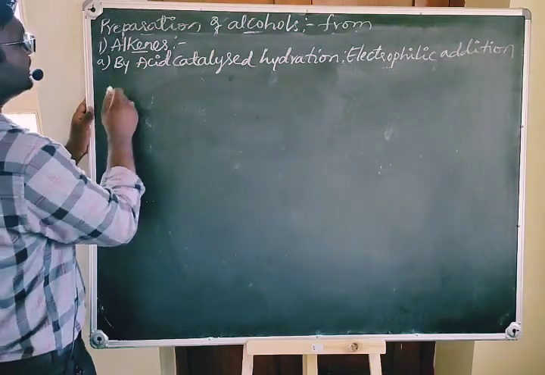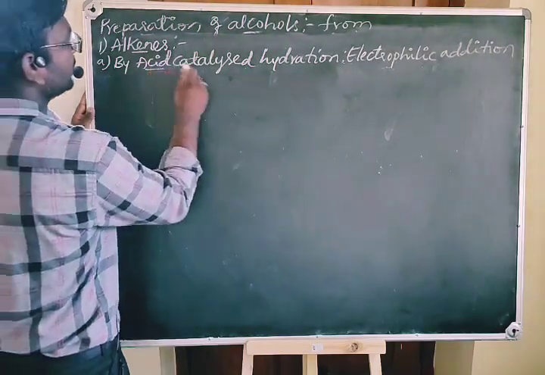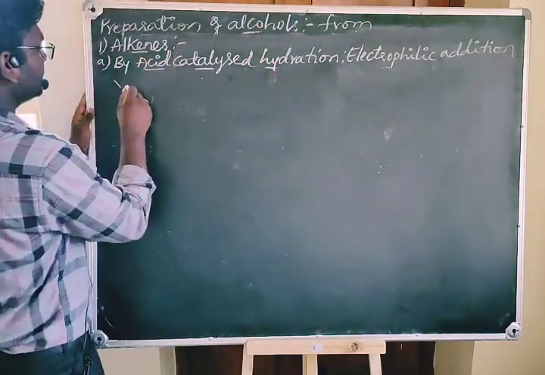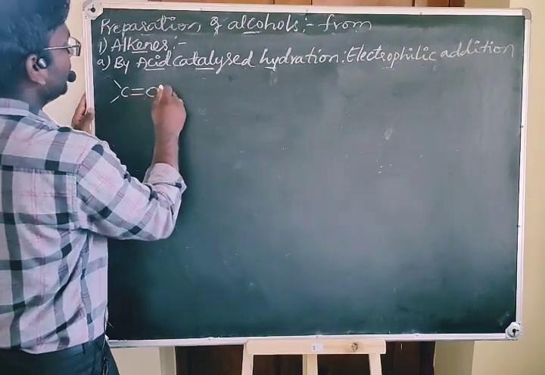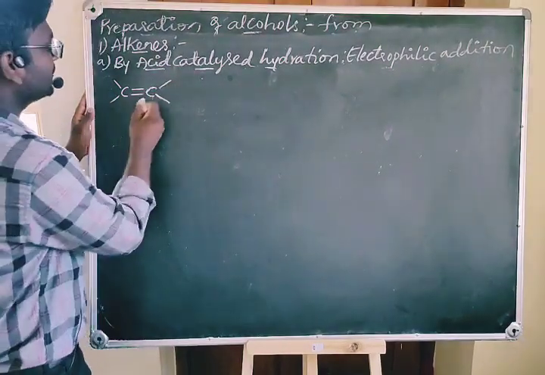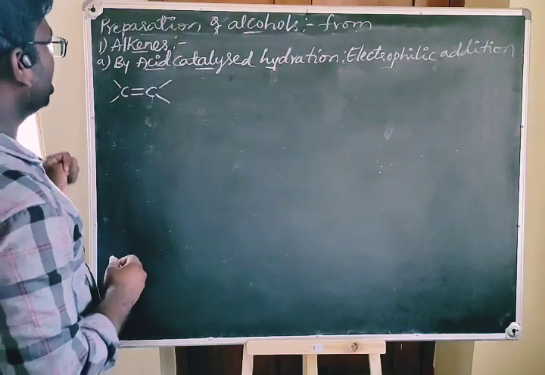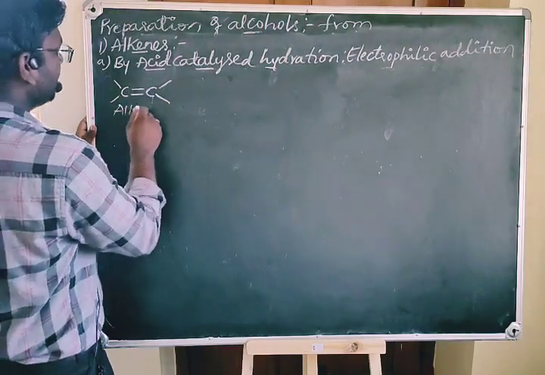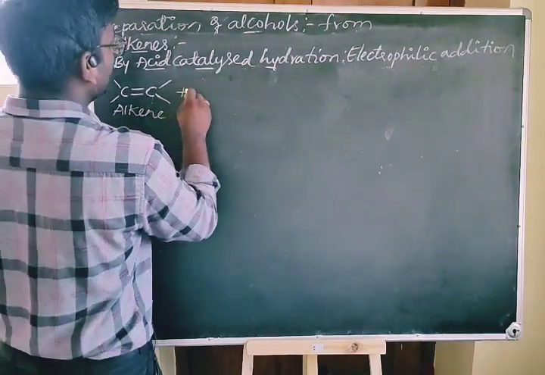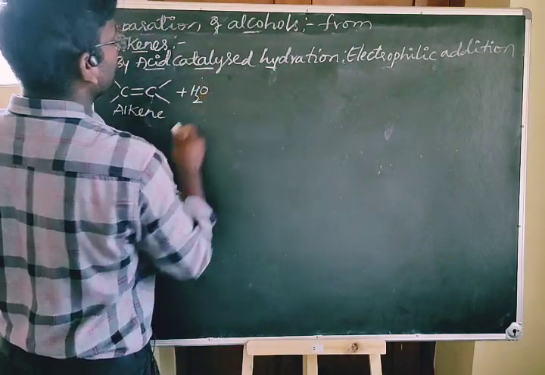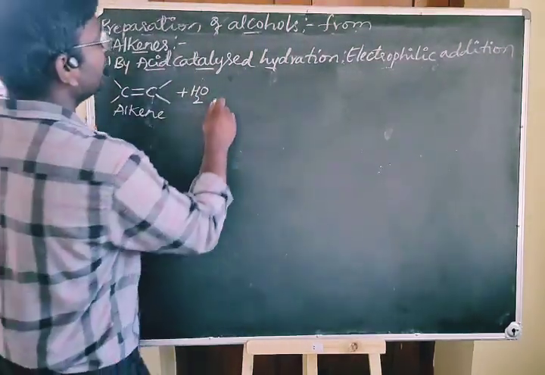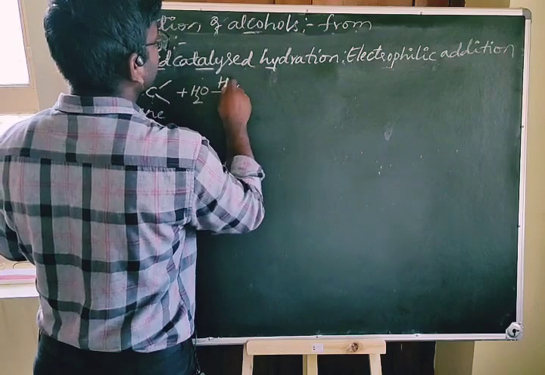Let's consider the general reaction for this. C double bond C. An alkene means it must have C double bond C. Here we are going to add H2O onto that alkene in the presence of an acid.